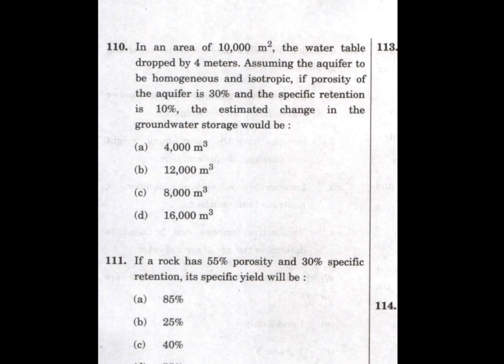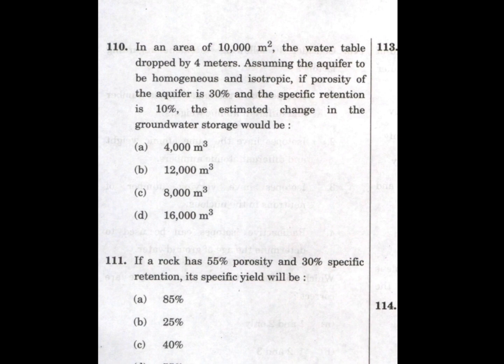Next question. In an area of 1000 meters square, the water table dropped by 4 meters, assuming the aquifer to be homogeneous and isotropic. If the porosity of the aquifer is 30% and the specific retention is 10%, the estimated change in groundwater storage would be, we have to calculate the groundwater storage.